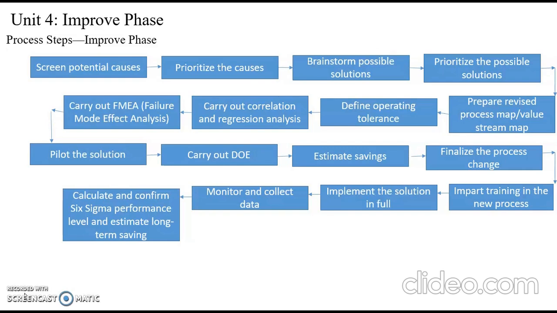And the next step is brainstorm the possible solutions. In this, first the team leader should arrange the brainstorming session where all the team members, some invitees, and those who are interested in the project can come out with possible solutions to eliminate the root cause and reduce the variation in the performance.